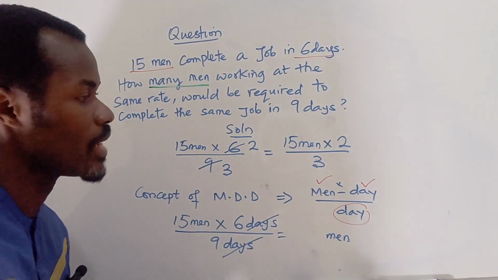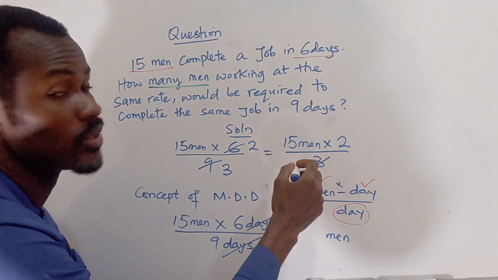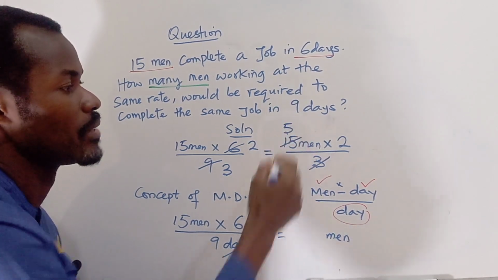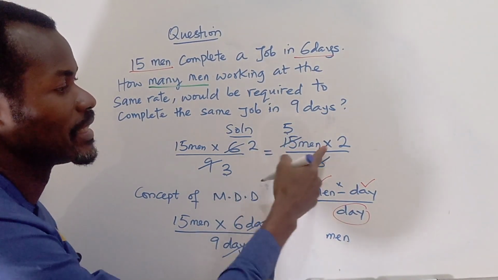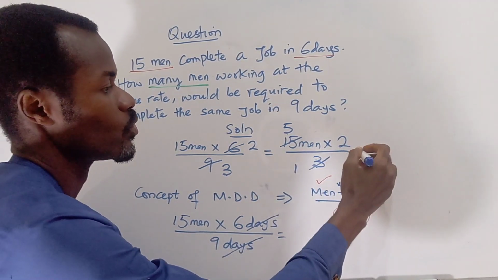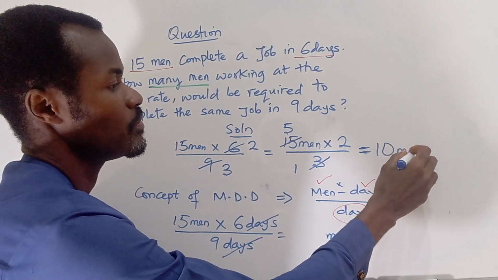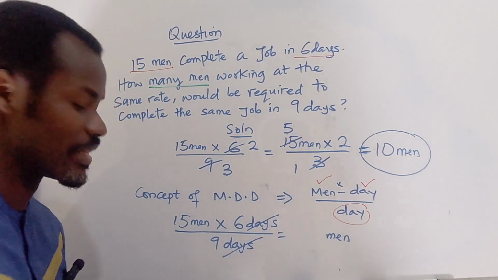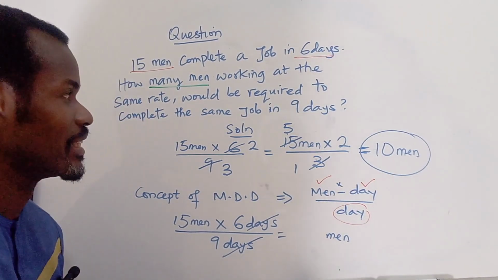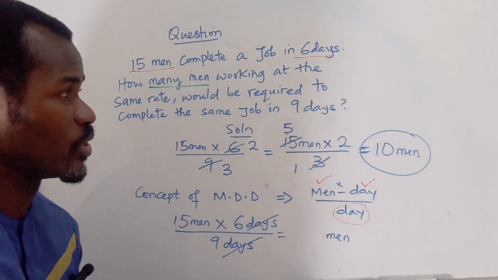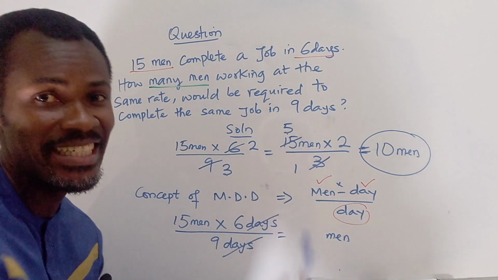Something can cancel out: 3 into itself is 1, and 3 into 15 is 5 times. So 5 men times 2 gives us 10. So the solution to this simple problem is 10 men. It is required that 10 men are to do the job in 9 days.